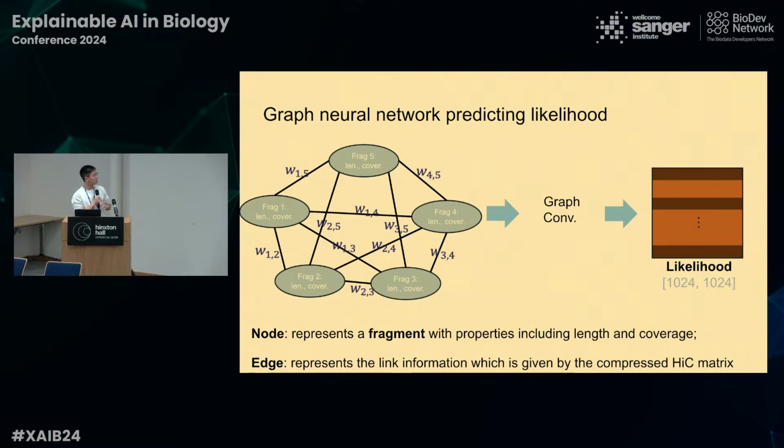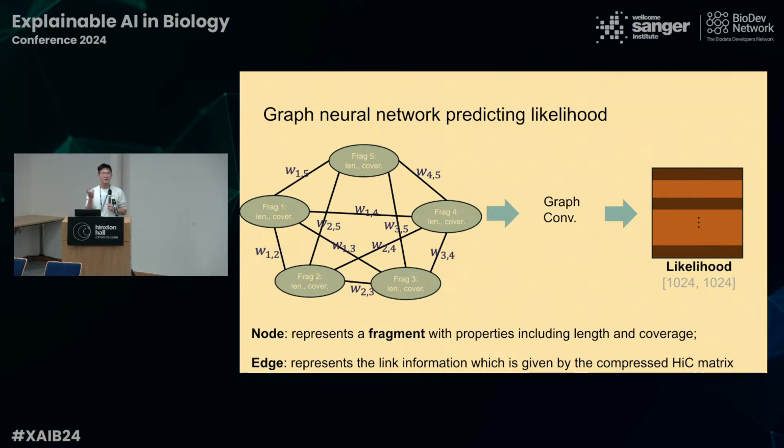First we build all of the fragments in a sample as nodes: however many fragments are in the sample, that is how many nodes we get in the graph. Then we use the graph network, specifically the graph convolution operation. After the graph convolution, we get the likelihood matrix.